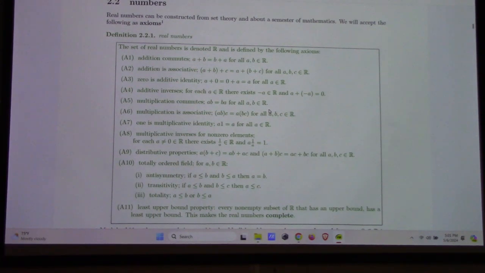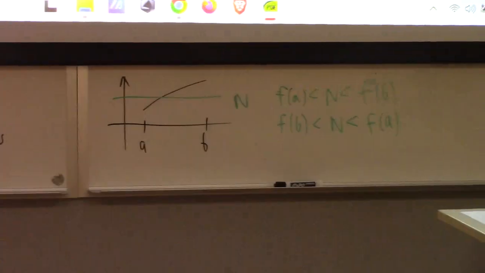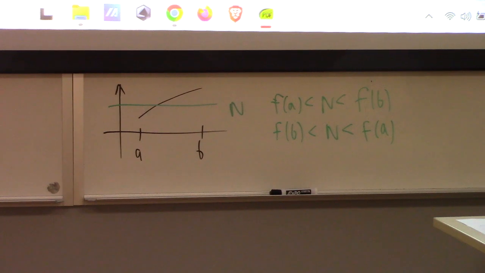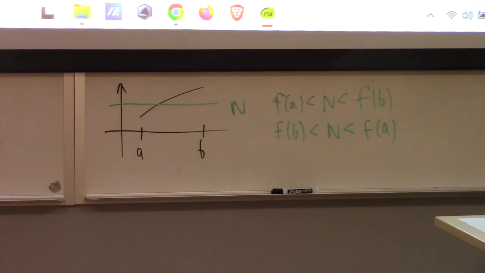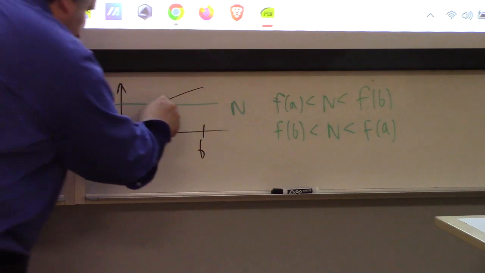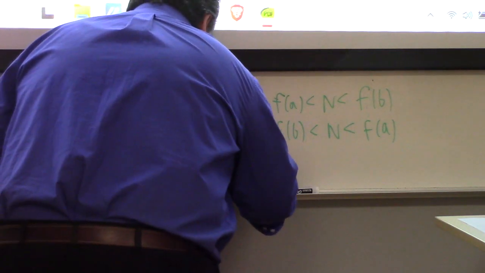It's a value between f of A and f of B. And the intermediate value theorem says that if f is continuous, then there exists some point in the domain of the function where n is attained. There exists a c between A and B such that f of c is equal to n.